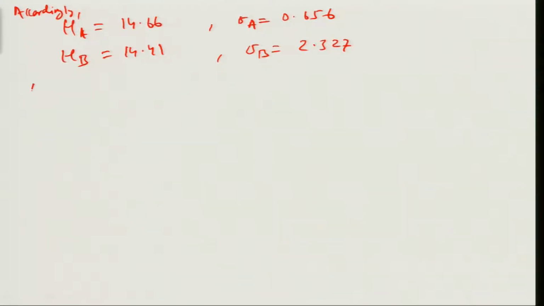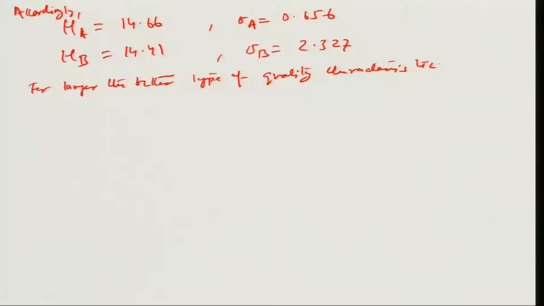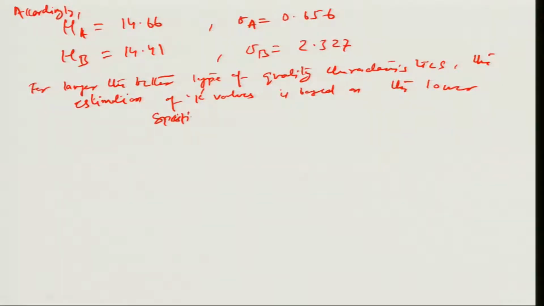For larger the better type of quality characteristics, the estimation of k values is based on the lower specification limit, which in this particular case corresponds to the value D equal to 11 kg per millimeter square.